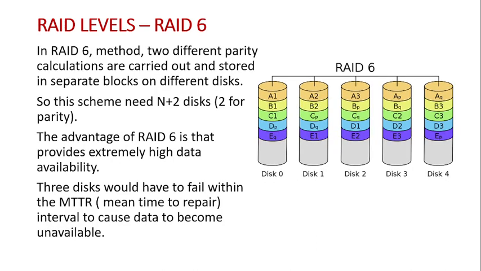Next comes RAID 6. In the RAID 6 method, two different parity calculations are carried out and stored in separate blocks on different disks, so this scheme needs n plus 2 disks. That means 2 disks for the parity. So here the parity duplication takes place so that you can have more security.